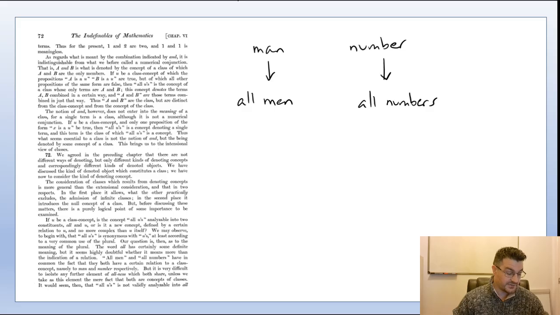It would seem then that all U's is not validly analysable into all and U, and that language in this case, as in some others, is a misleading guide. So we keep coming back to what was said right at the beginning of chapter 4: a grammatical distinction cannot be uncritically assumed to correspond to a genuine philosophical difference.